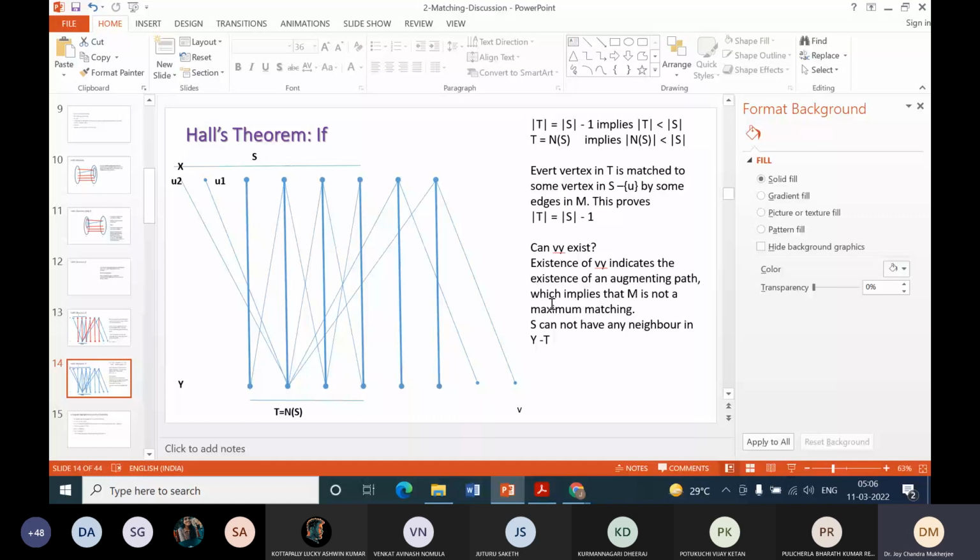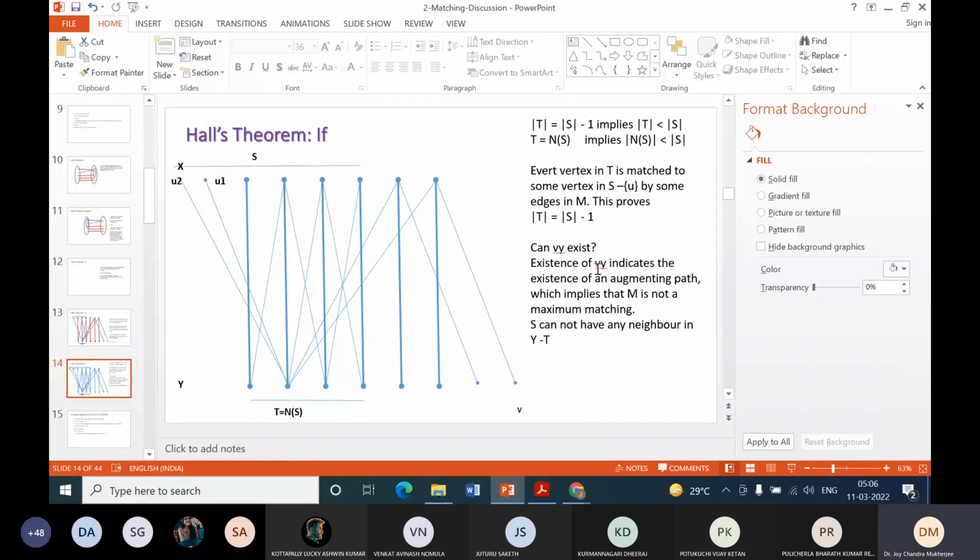So VY cannot exist. So S cannot have any neighbor in Y minus T. So this total is Y, this is T. So Y minus T में कोई भी चीज S से neighbor नहीं हो सकता. Okay.